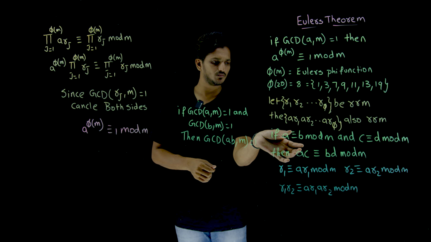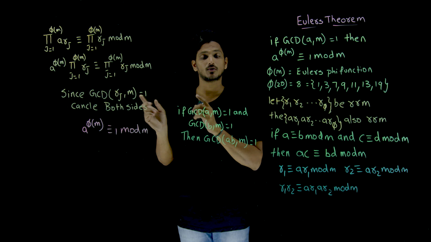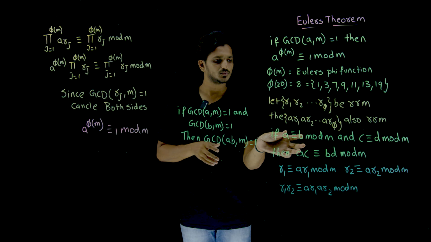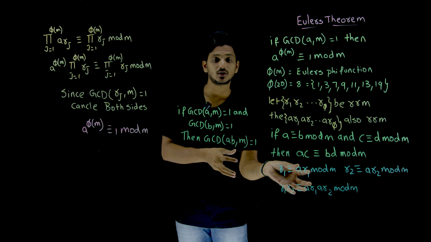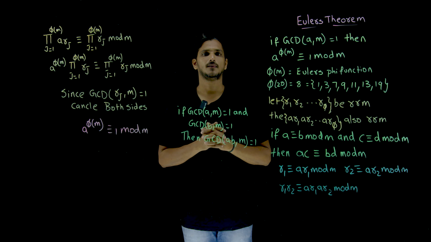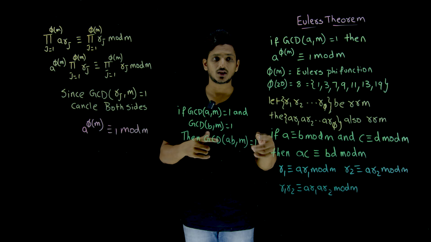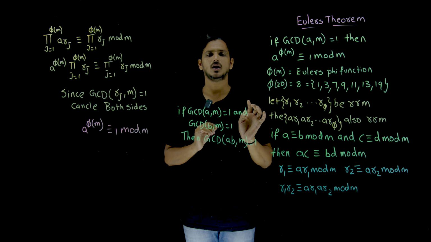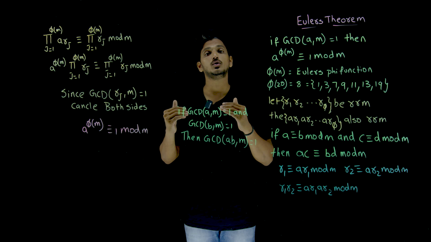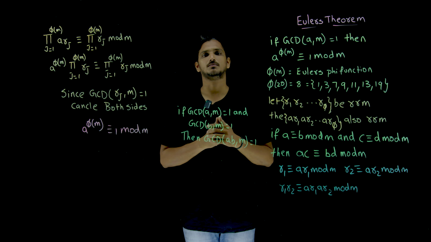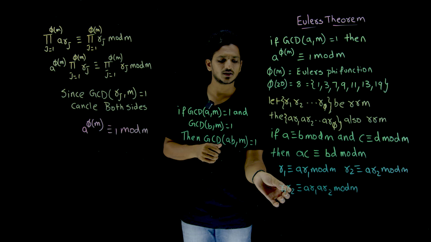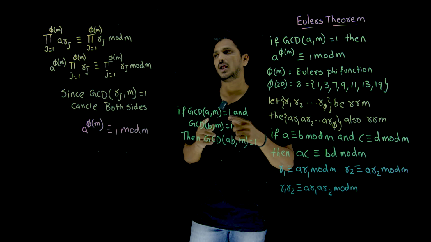This property was explained in our previous classes. This property we are using here. The same property we extend. So from this property, we are going to extend to all the values in R1 and AR1. From that, we are going to derive Euler's theorem. So multiplication means here we can use the pi notation.